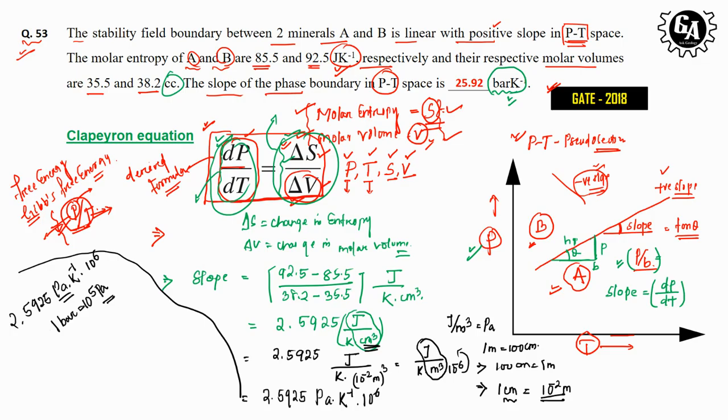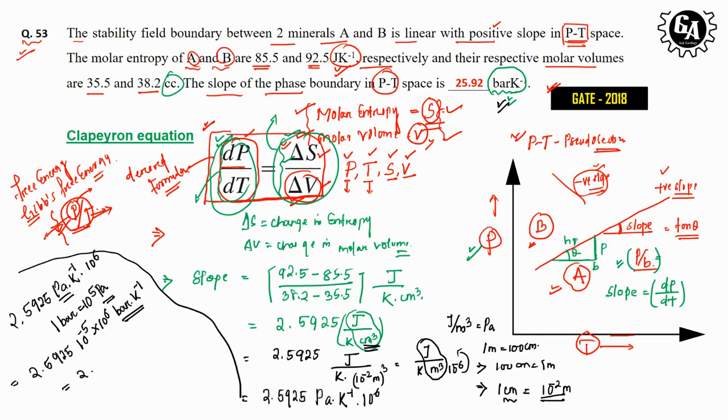So 1 Pascal is equal to 10 to the power minus 5 bar. So this is 2.5925, and in place of Pascal, 10 to the power minus 5 bar. This is 10 to the power 6 on this side, and in place of Pascal we rewrite bar into Kelvin inverse. Okay, now this bar into Kelvin inverse, the desired unit, we have got, so we have to calculate this one.